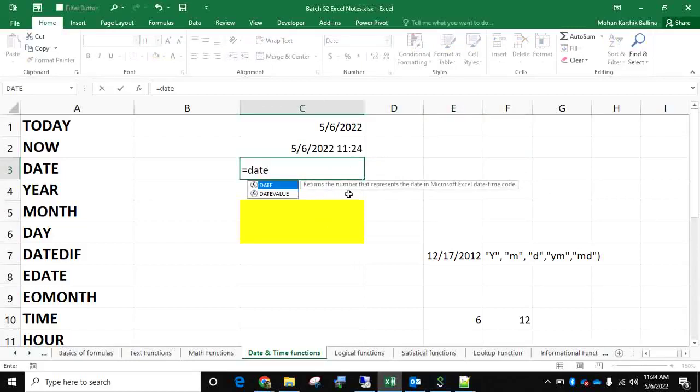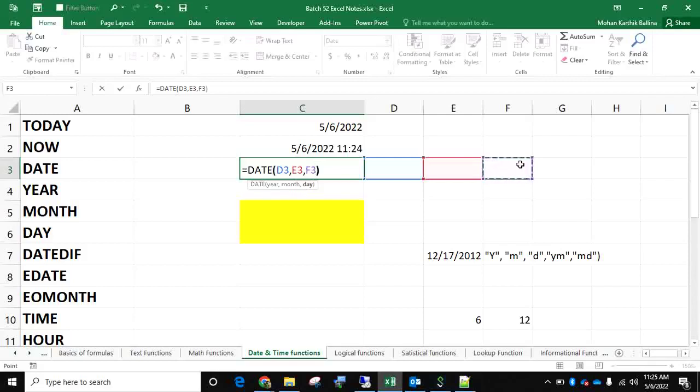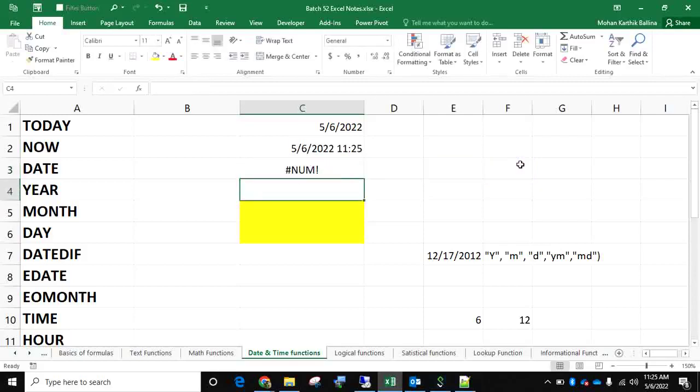Returns the number that represents the date in Microsoft Excel date time code. So that means if you select a year, comma, month, comma, day, then it gives you the date.